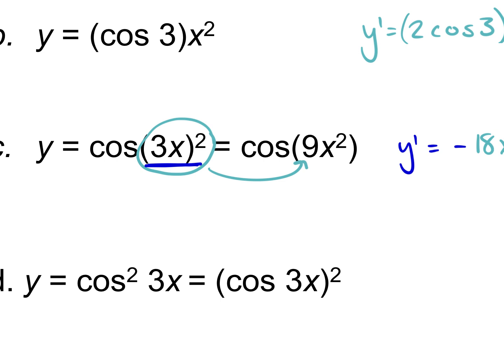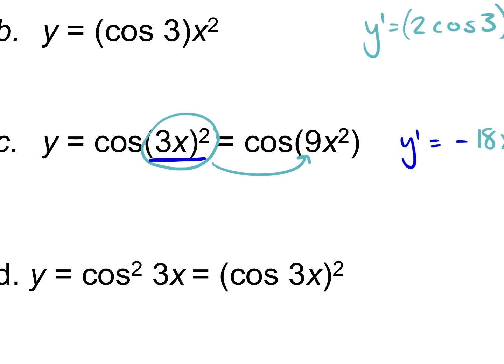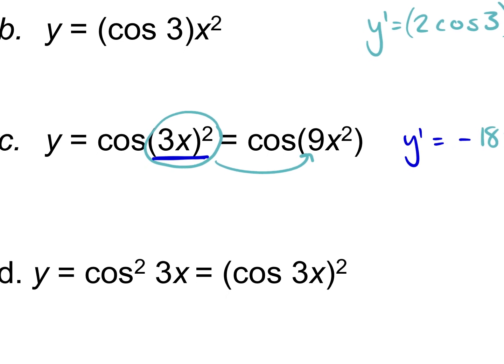We'd end up with the same answer, but it's just going to be easier because it's just 3x that we're squaring. It's not the cosine squared. So notice the difference between C and D, where D is cosine squared, where the squared is on the cosine. So it just squared the 3 and squared the x, and that's how we got the 9x squared.